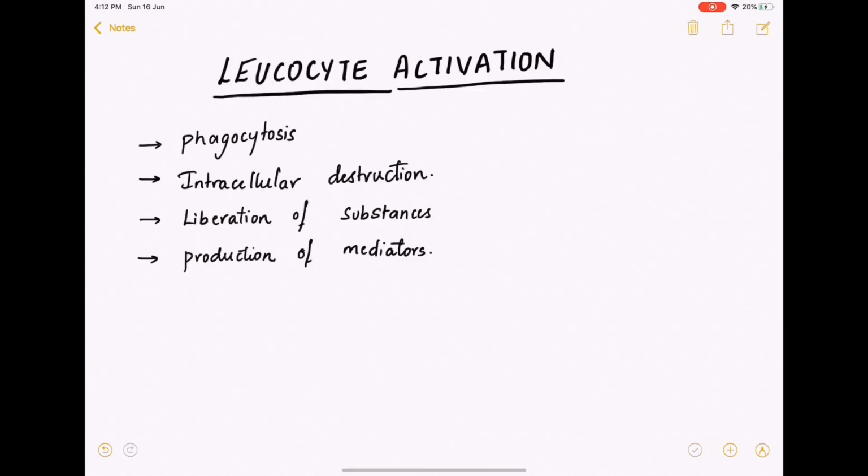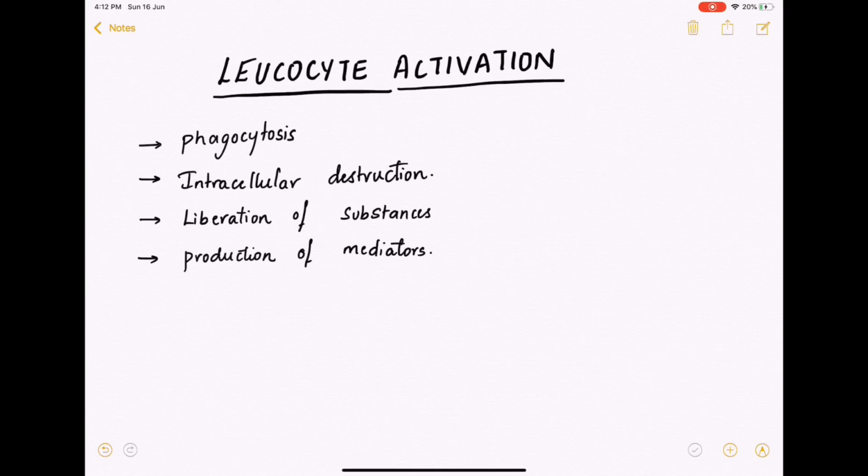So now that the leukocytes have reached the site where we have the dead tissue and the microbes, we wanted them to get activated. So what happens after the activation? There will be phagocytosis of the dead and the microbial tissue. And then there will be intracellular destruction of those engulfed tissues.